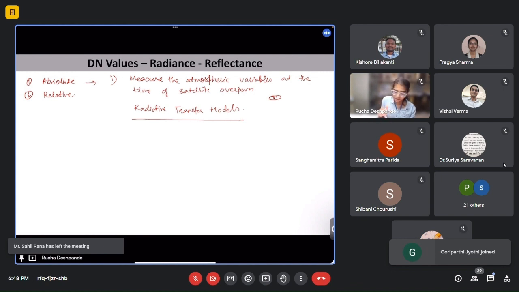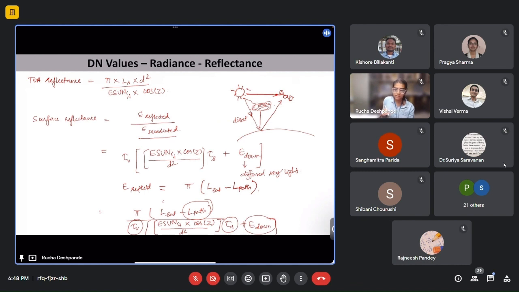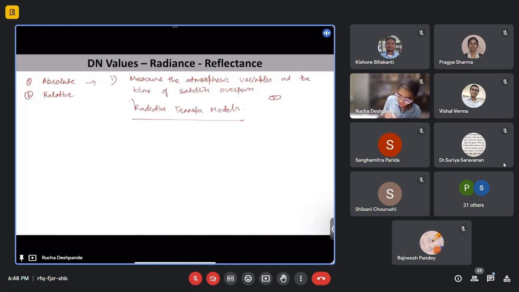These models generate all the variables which are unknowns over there. So these unknowns are generated from the radiative transfer models, which are fed by the data collected during the satellite overpass.